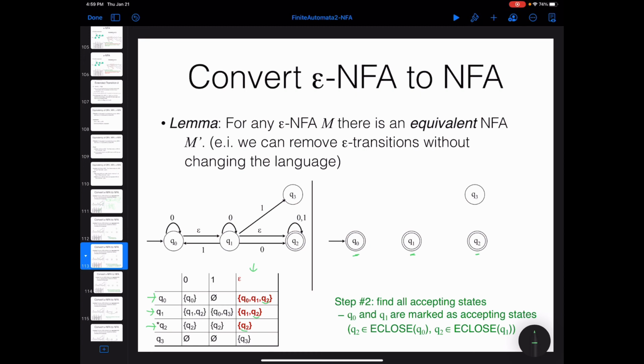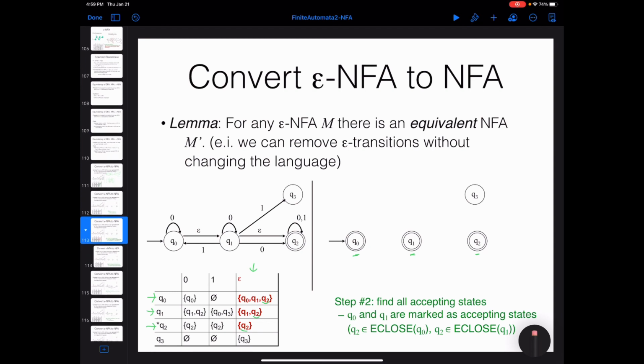Now we are going to add the transitions. To actually add the transitions, what I am going to do is start from the starting state and simulate: if I see a 0, where can I actually be in the original epsilon NFA, and based on that, add all the transitions into the equivalent NFA.